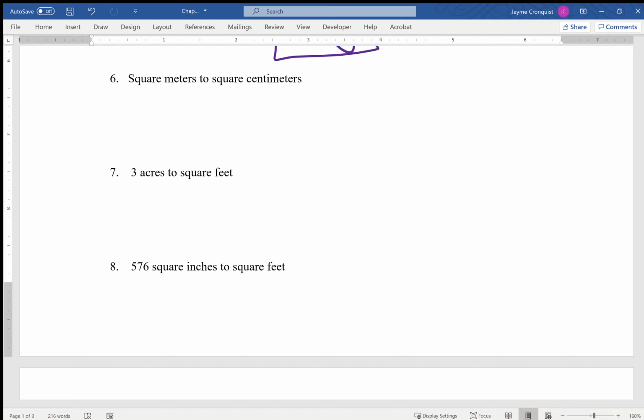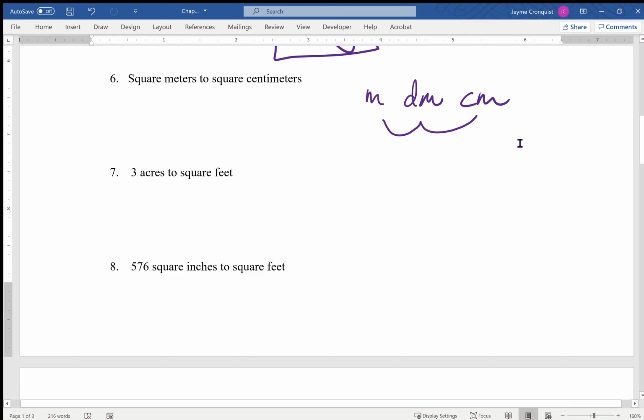Okay, 1 square meter is worth 100 square decimeters. Okay, so we have meters, decimeters, and centimeters. We're going from meters to centimeters, but each of these are actually doubled because it's squared, right?